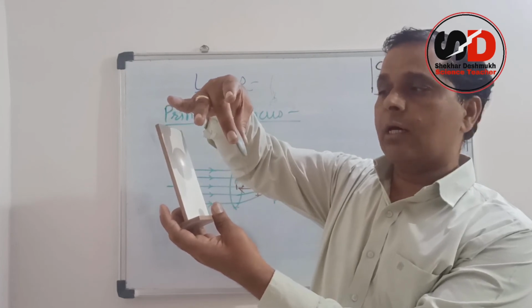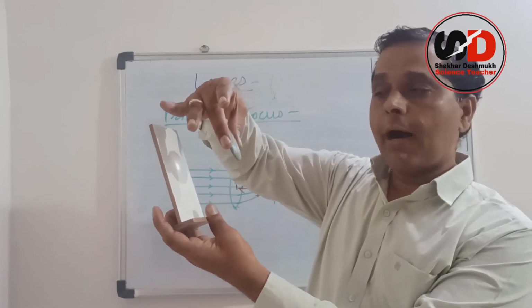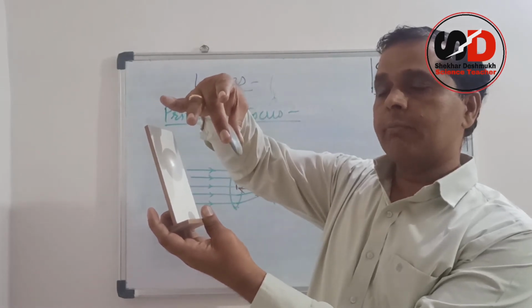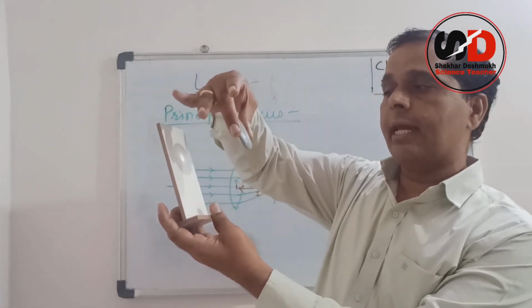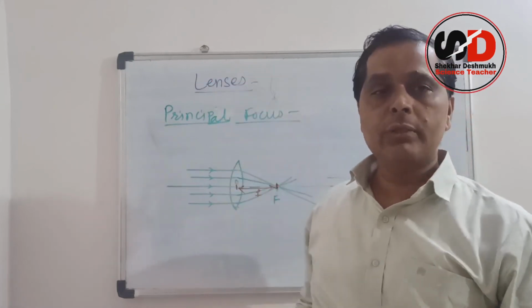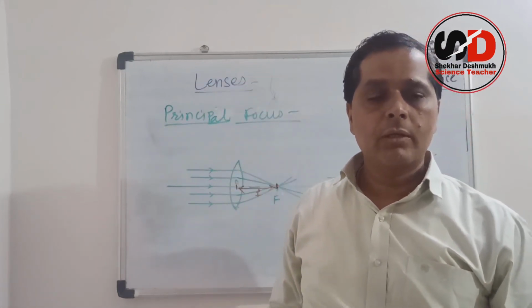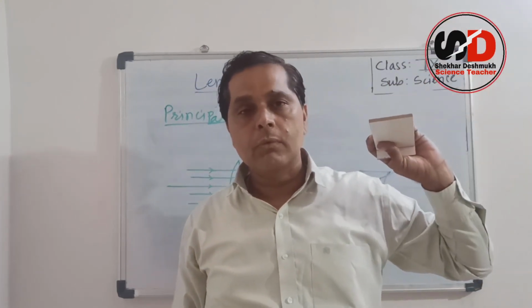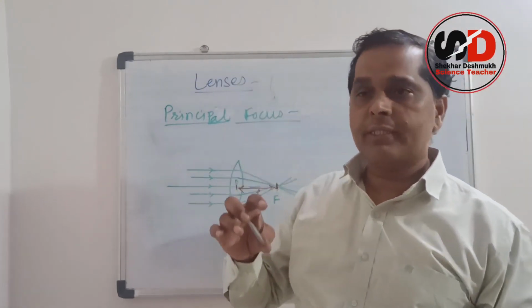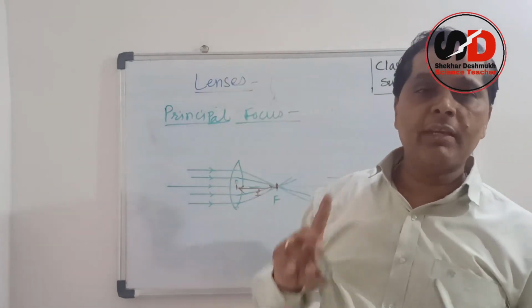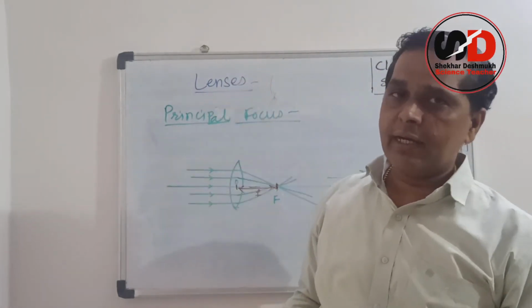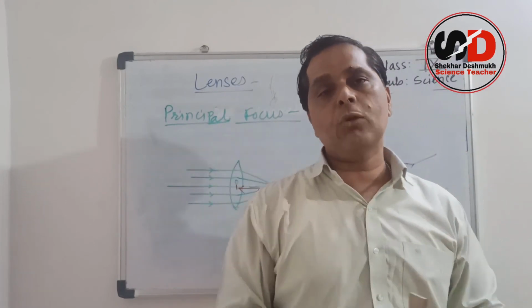This is a biconvex lens. It is a convex lens. So it must be the focus, and we can easily calculate the focal length by using this experiment. You can make the image of the sun also. If we make the image of the sun, the light rays are coming from infinite distance, and whenever we get the fine image, then definitely that must be the focus of that convex lens.